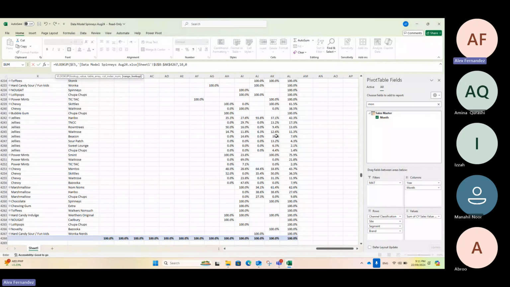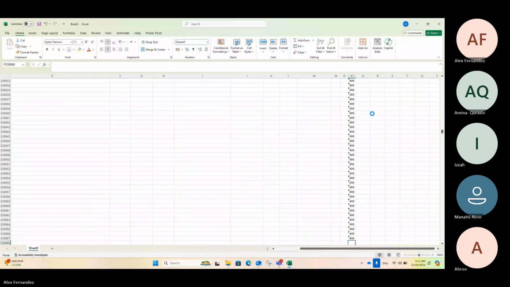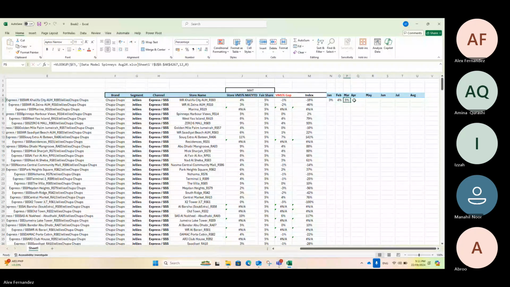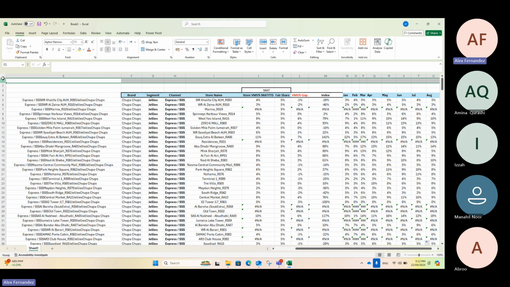So now we can see the progression. 10, 11, 12, and here you go.